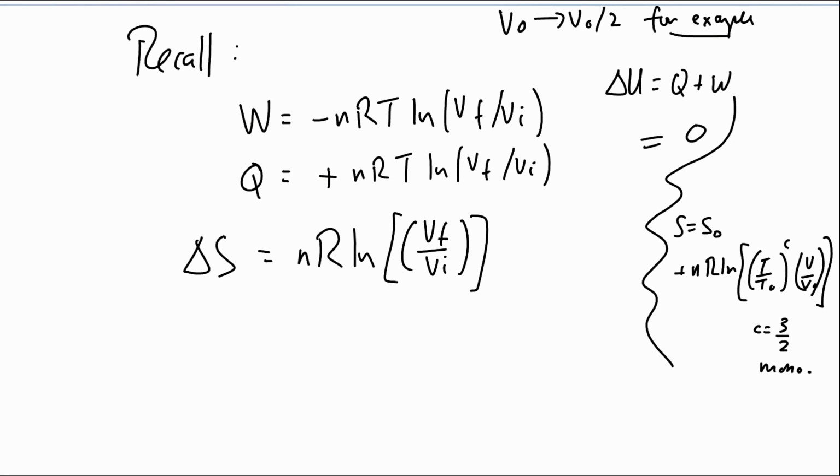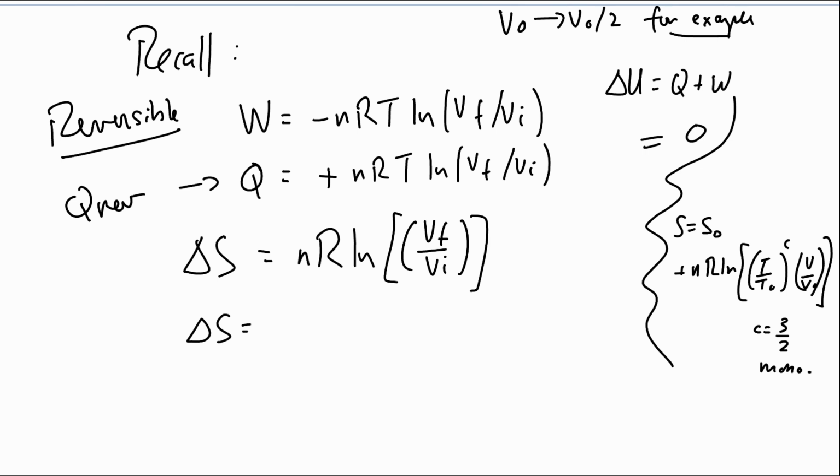And so this is reversible, and so this is Q reversible, right? And my delta S is indeed Q reversible over T, right?